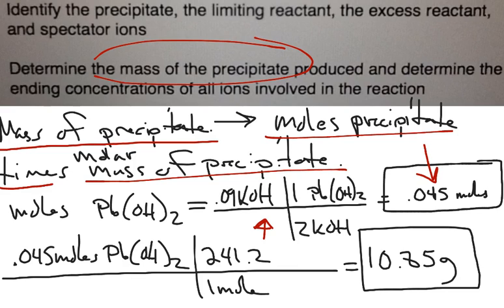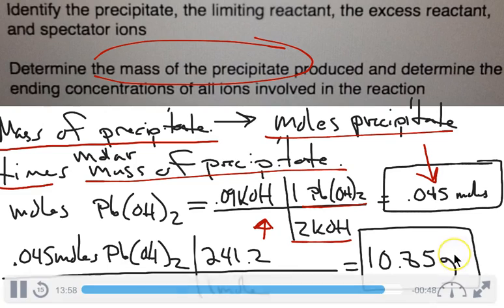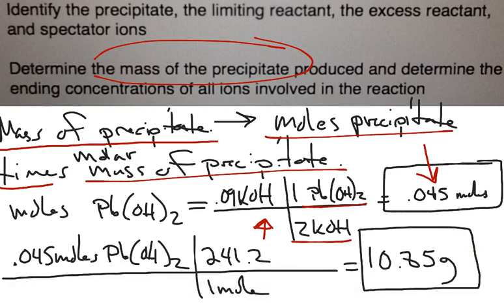It's because it's a 1-to-2 ratio of my limiting reactant to my precipitate. All right, then I simply take those moles, multiply it by the molar mass from the periodic table, and I get 10.85 grams. So I believe I've answered all of that in this 14-minute clip that took me almost 2 hours to write out and talk through.